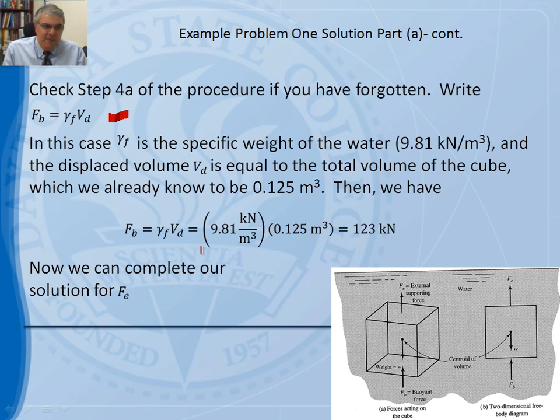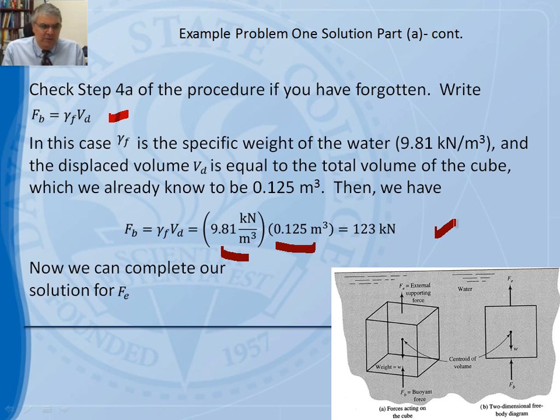In this case, for water, it's going to be 9.81 multiplied by the displaced volume, which is the volume of the bronze cube. In this case, F sub B would be 120 kilonewtons.